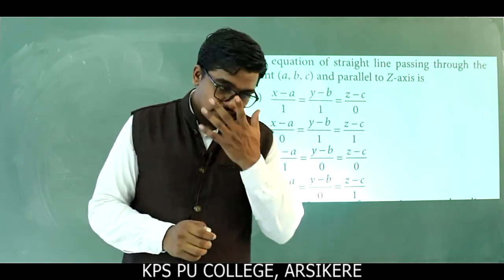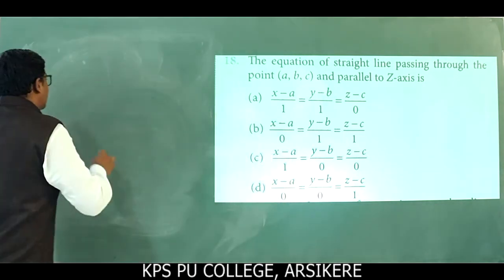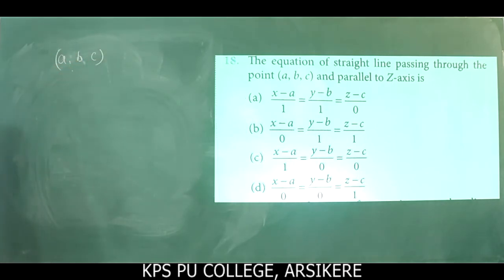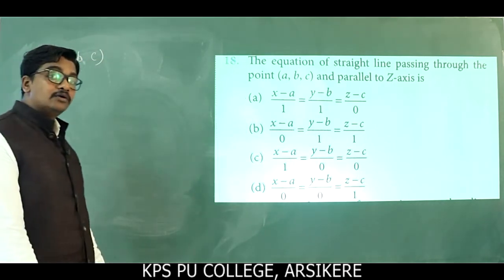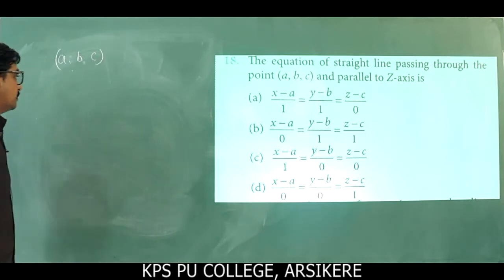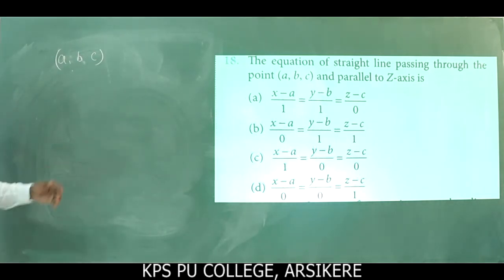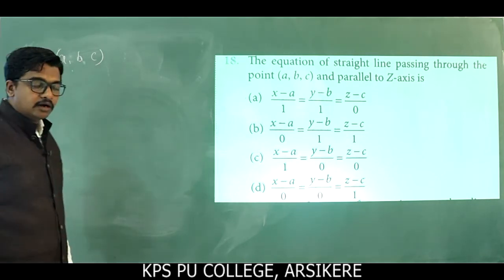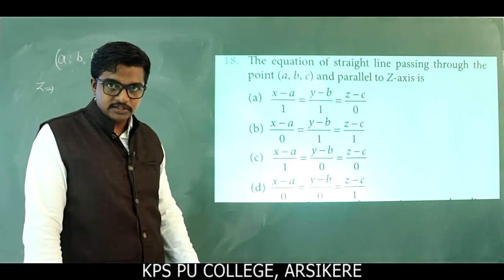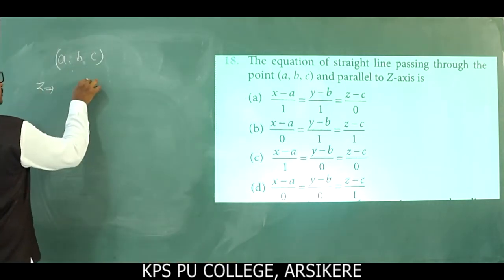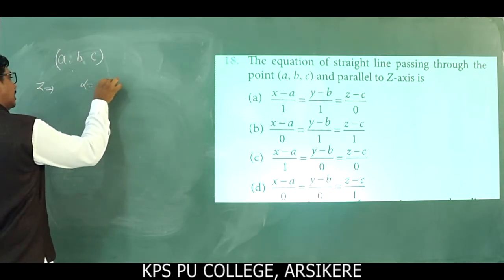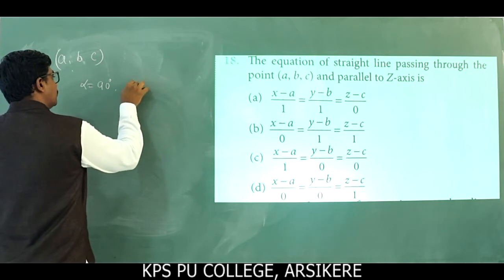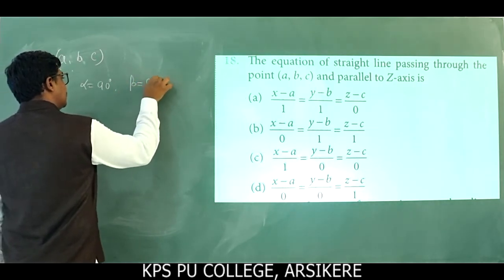So here we have the line passing through the point (a, b, c) and parallel to the z axis. First we have to find the direction cosines of the z axis, which makes angles alpha, beta, gamma with the x, y and z axes. Alpha is the angle between the z axis and x axis, 90 degrees; z axis and y axis is 90 degrees; z axis and z axis is 0 degrees.